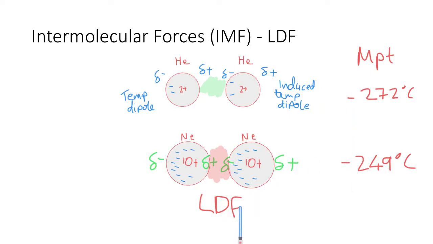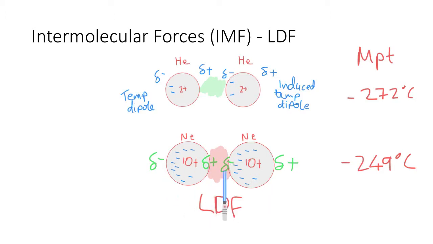Now, these London dispersion forces are very weak. We've still got really low melting points for these two, but it is making a difference. And if we have bigger molecules with a lot more electrons, then we see much higher melting points. But the London dispersion forces are weak forces of attraction because they're temporary.